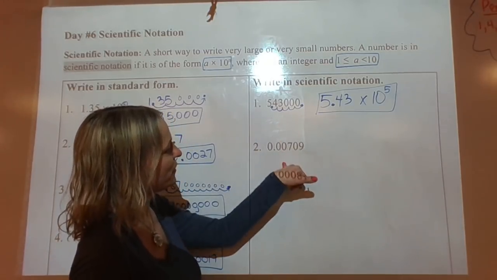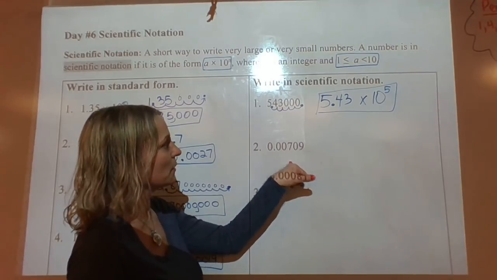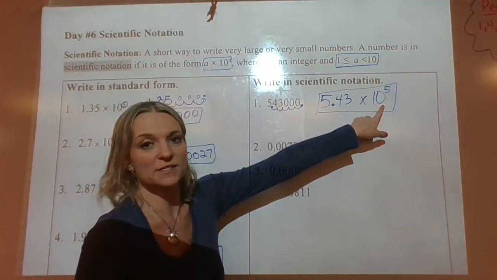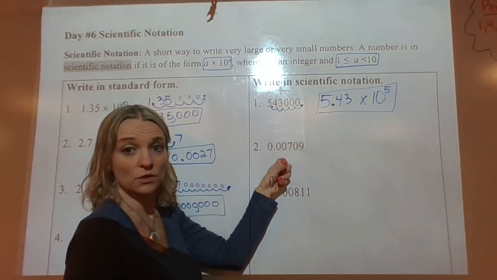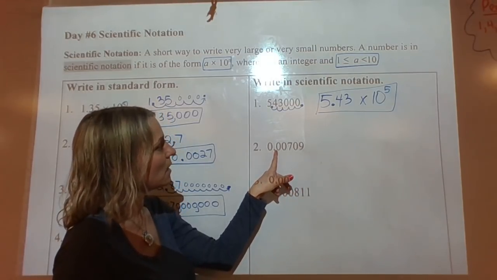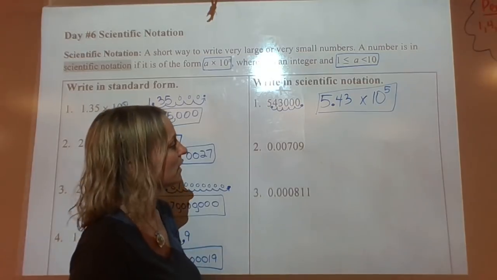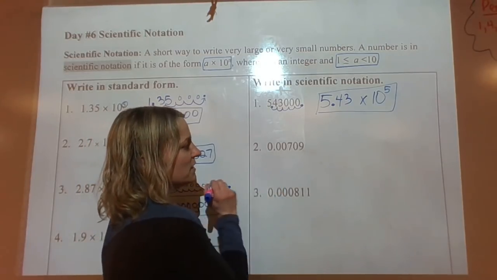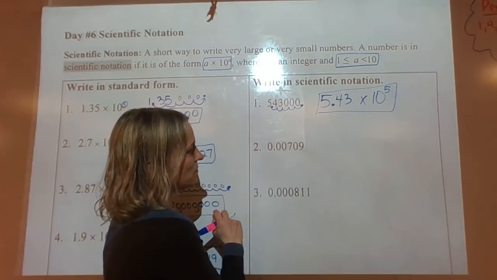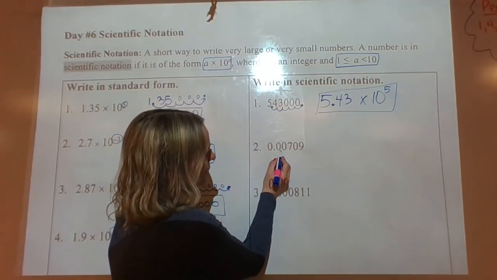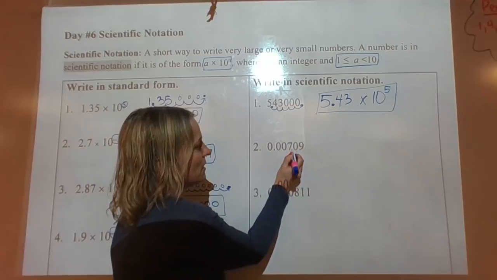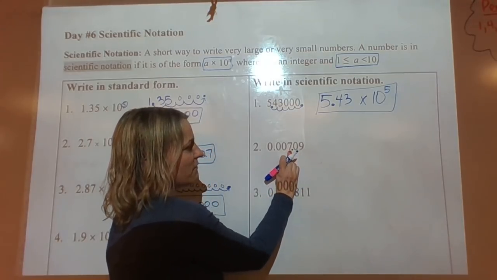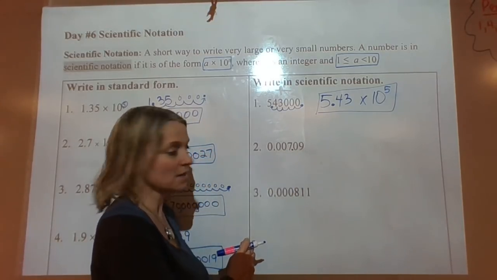Okay, so this number now is a small number. Big numbers are going to have a positive exponent. When we have small numbers, and by small numbers I mean numbers that are less than 1, you're going to end up with a negative exponent when you write it. Right now, obviously, this number is not between 1 and 10. So where do I want to move it to? If I put it here, I've got 0.7, doesn't work. Here makes it 7.09, so that's going to work.